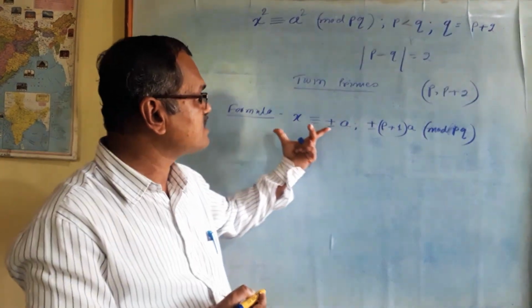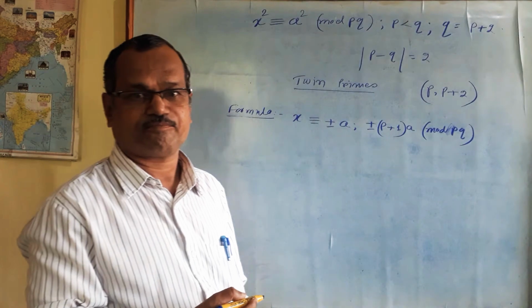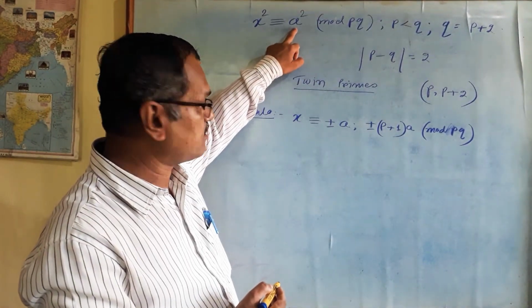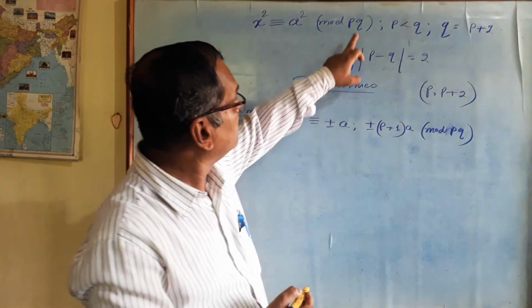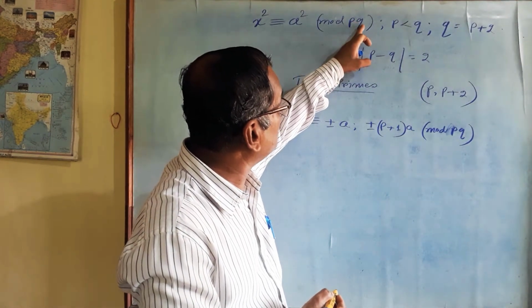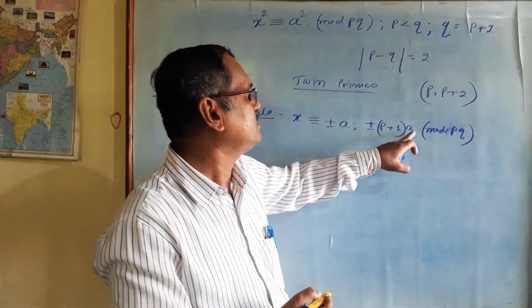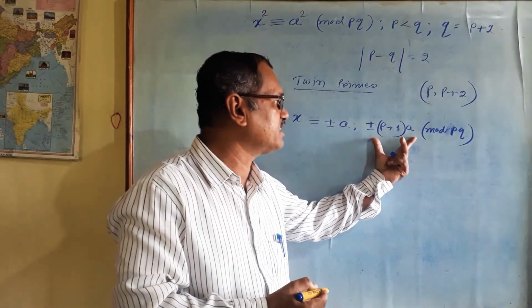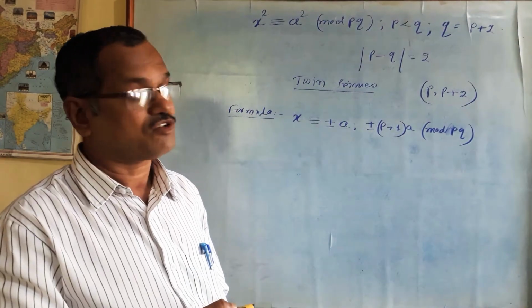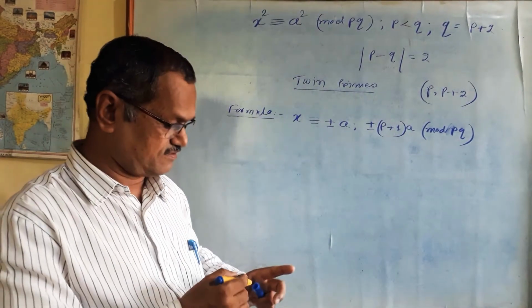You have to memorize this formula. Which one? The square root of this number, plus minus a, and then the number between p and q, that is p plus 1, into that a, gives the other 2. In this way, these are the 4 solutions of the quadratic congruence.